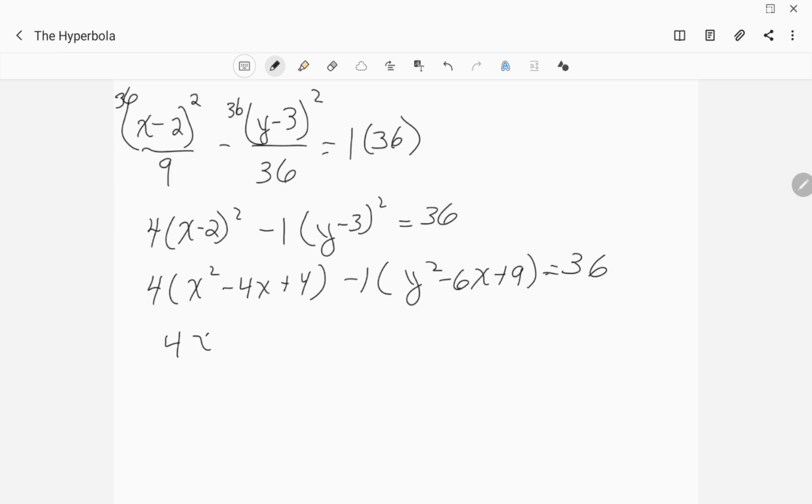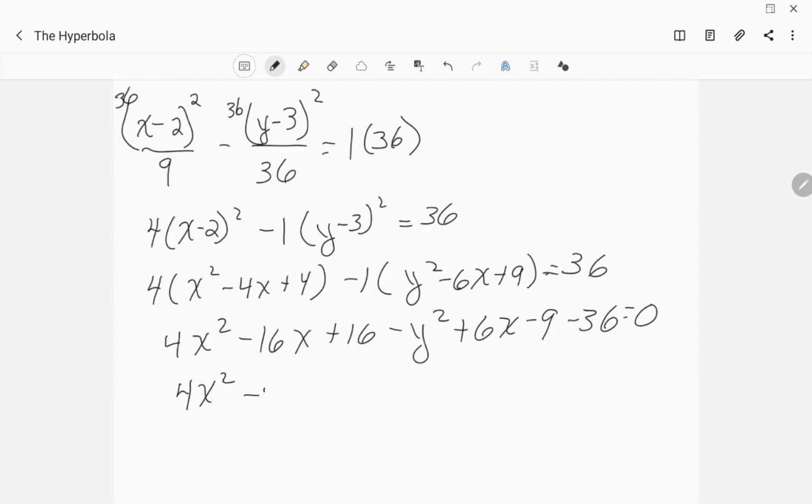So this would be 4x squared minus 16x plus 16. Now be careful with this minus, it's in front of this whole bracket, minus y squared plus 6y minus 9, and I'd bring the 36 over and subtract it, which would give me 4x squared minus y squared minus 16x, plus 6y, and then 16 take away 9 would be 7, and 7 take away 36 would be negative 29 is equal to 0.